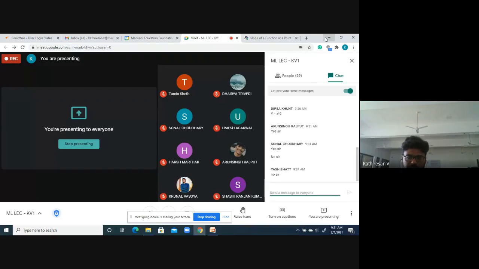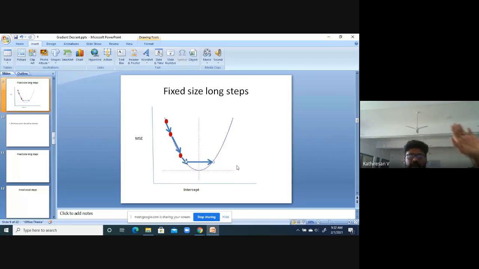So if we take a longer step, we may miss the global minima. So what will happen if I take a very little step, like a baby step, too slow?